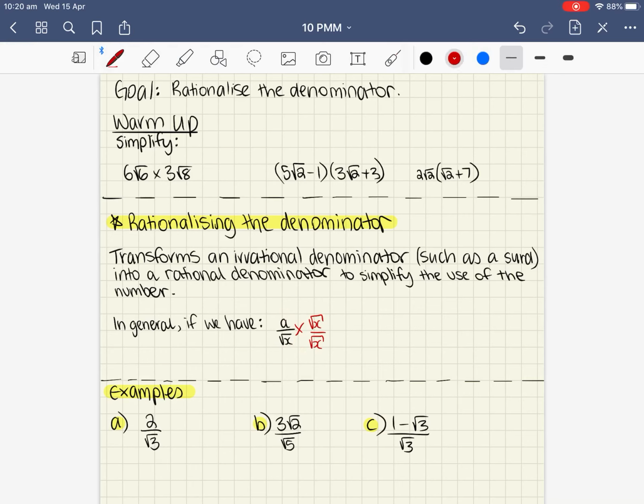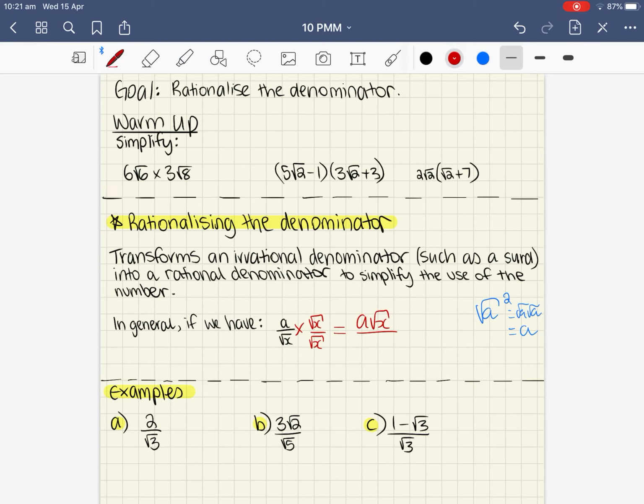But by rationalizing the denominator, if we follow our rules by multiplying fractions, on the top, we're now going to get a root x, and on the bottom, now remember that special rule last lesson and the lesson before and the lesson before that, if we have root a squared, which is just root a times root a, remember that's just a, yeah?